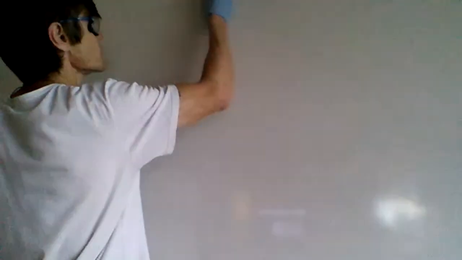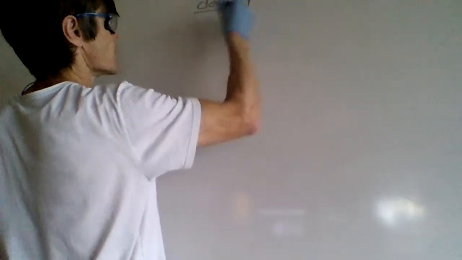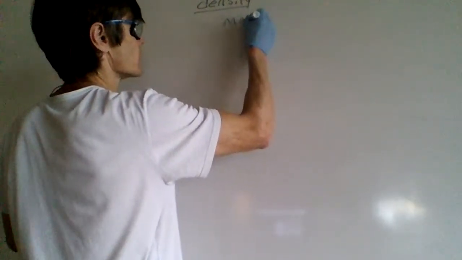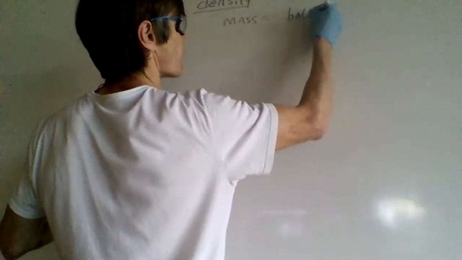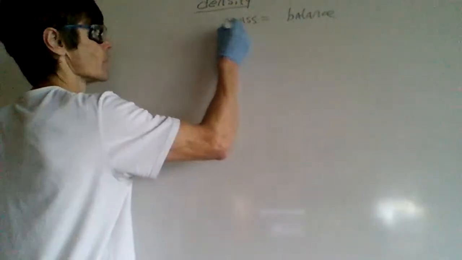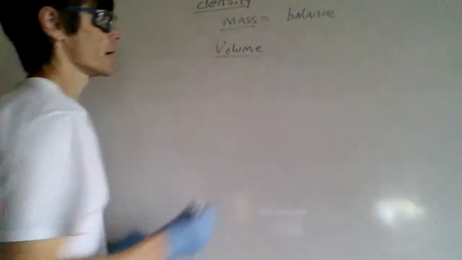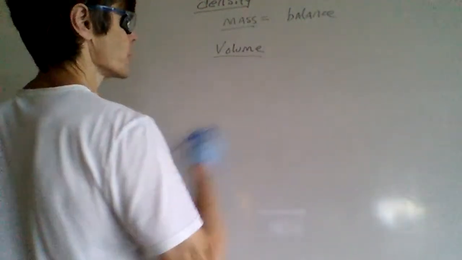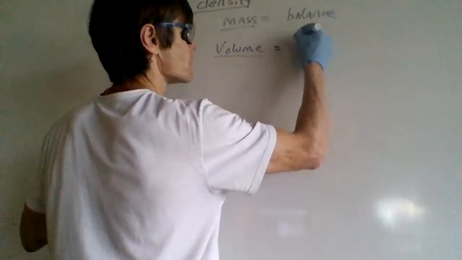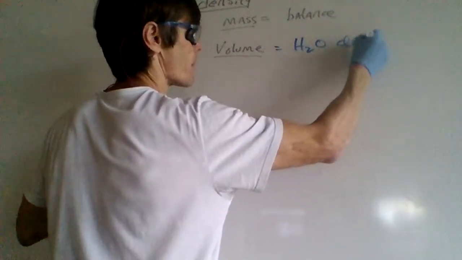We can measure density. Remember, it's mass, which we can measure on a balance, over volume. And an alternative way of measuring volume is what we call water displacement.